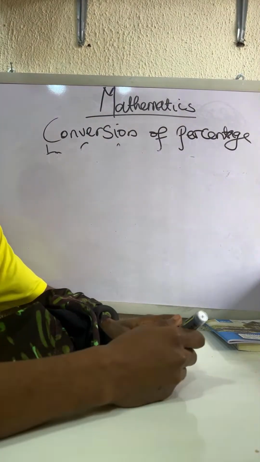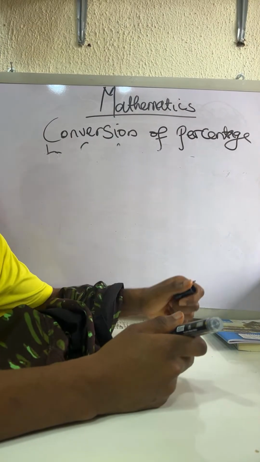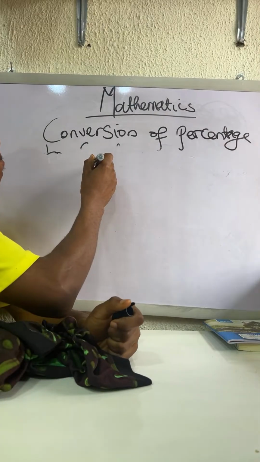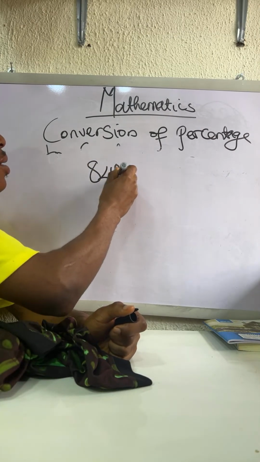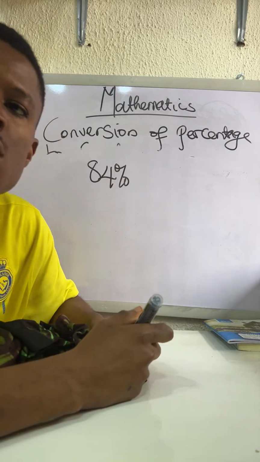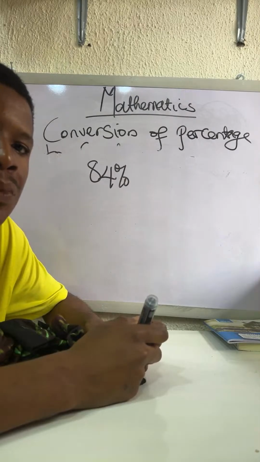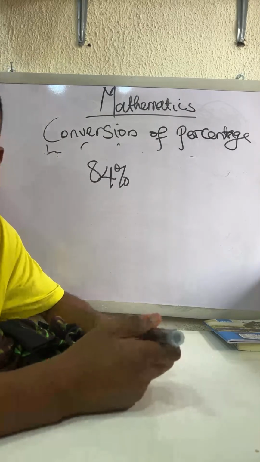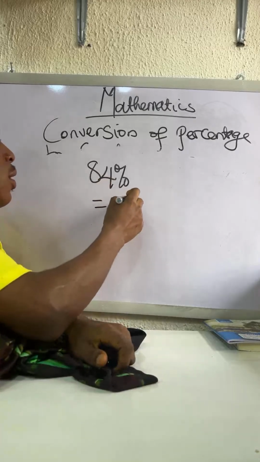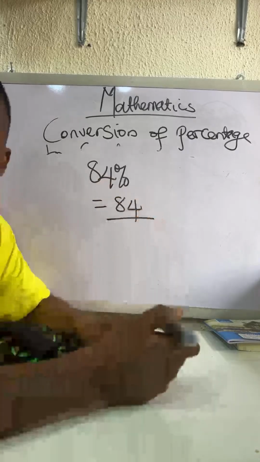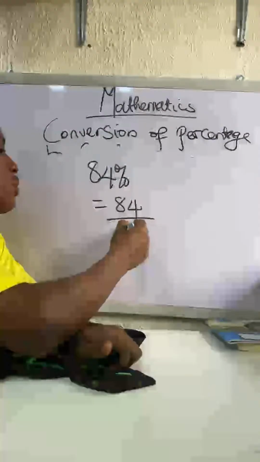We'll look at the next one. The next one we have to look at is simple. We look at 84%. If you have 84%, it is very simple. 84 can easily be seen as 84 over 100.